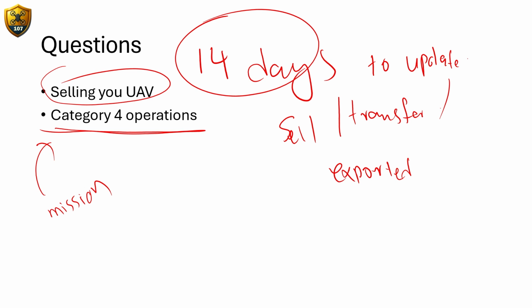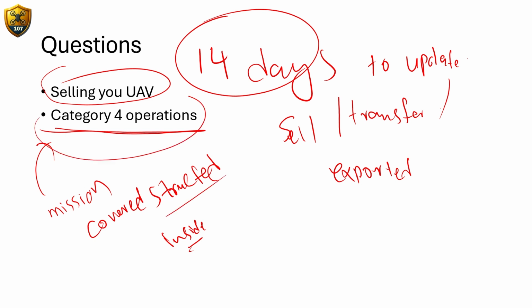If non-participants are there, those human beings must be either under a covered structure or inside the vehicle. Okay? Make sure that they are inside a vehicle or under a covered structure. This is really important for category 4 operations.